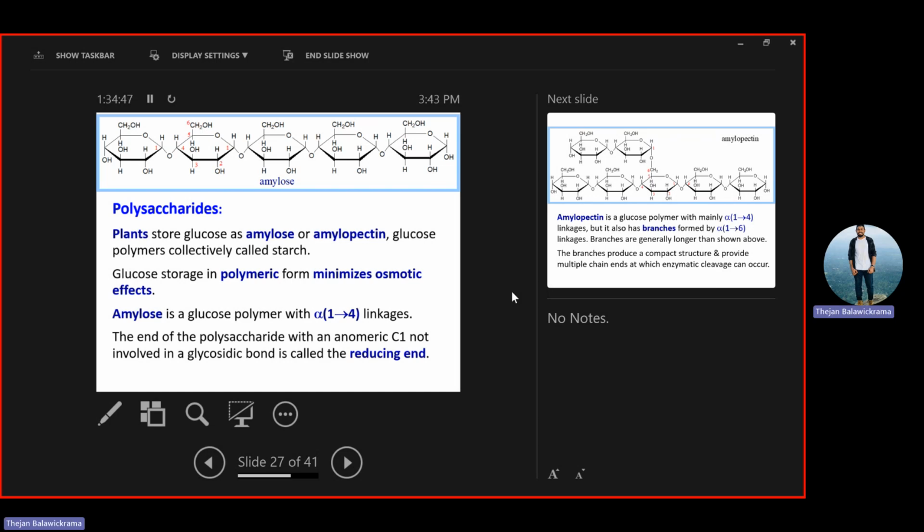Where do you find this amylose? In plants. That's a plant version. Just have a look at that.